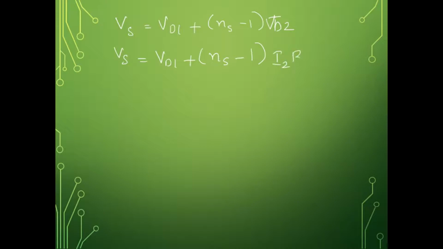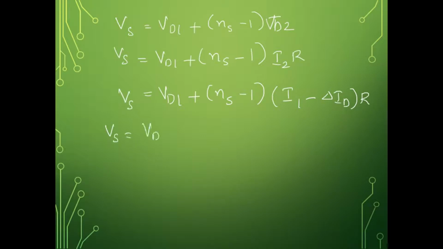It is I2 into R. That I2 into R, I can express in terms of delta ID that I have already derived. It is Vd1 plus Ns minus 1 into, what is I2? It is I1 minus delta ID into R. Now I will simplify this further. So Vs is equal to Vd1 plus Ns minus 1 into I1 into R minus Ns minus 1 into R into delta ID. This is what I get.